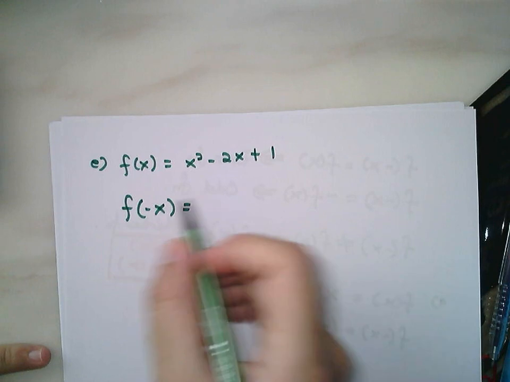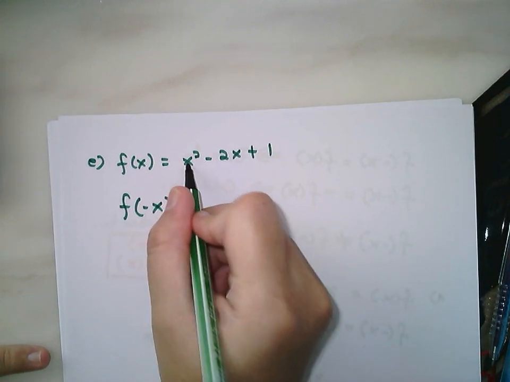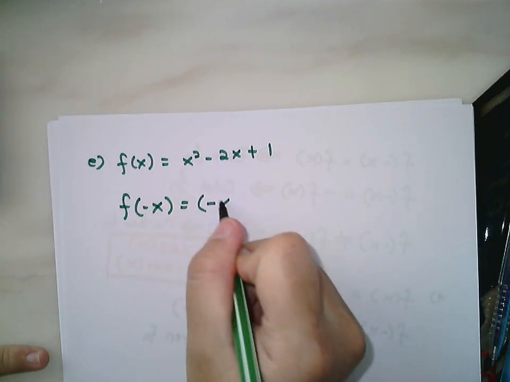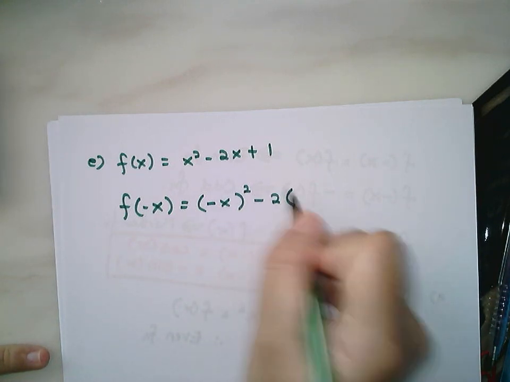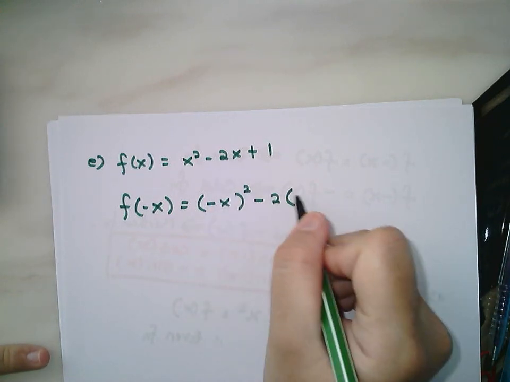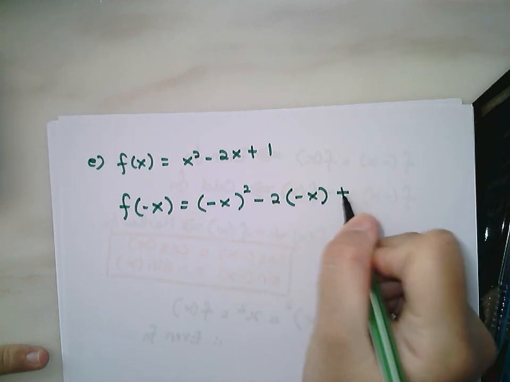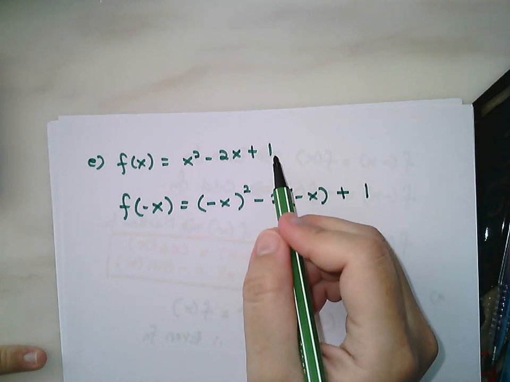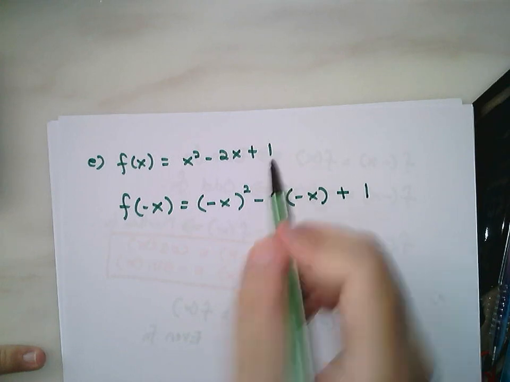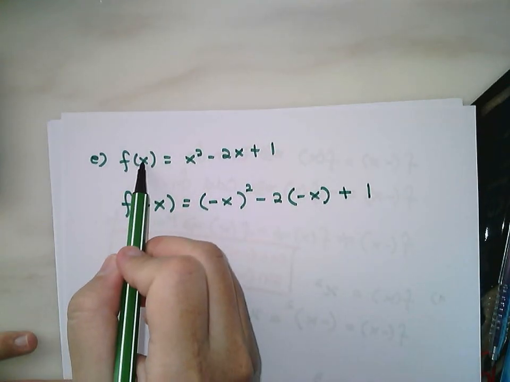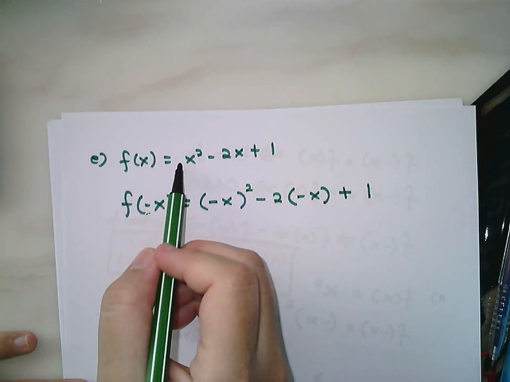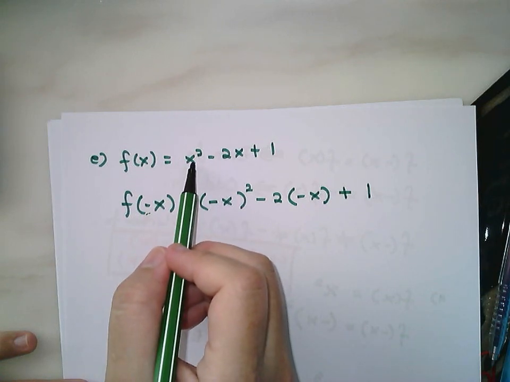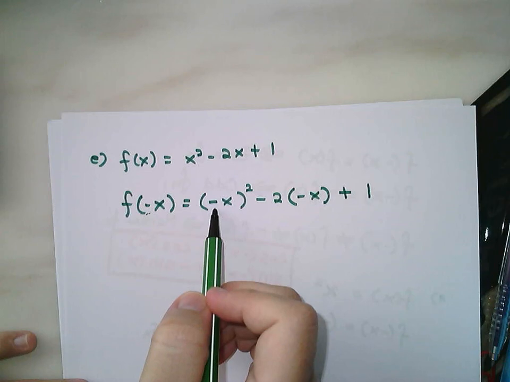Okay, so now we have x here, so you have negative x, the whole thing squared, minus 2. Here you have x, so replace by negative x, plus 1. So this one you don't need to multiply by negative x. We just replace x with negative x. Okay, so as you can see here, whenever I have x, I replace it by negative x.